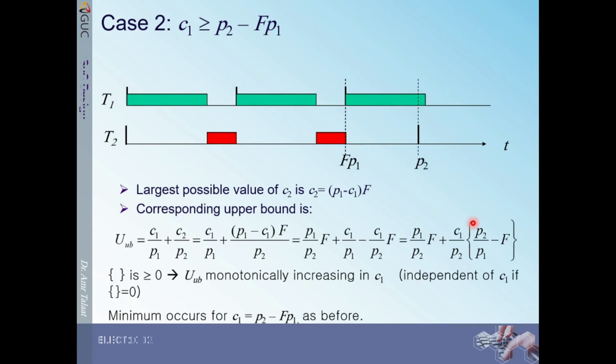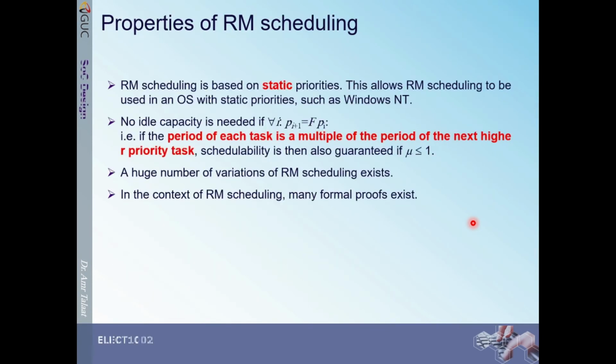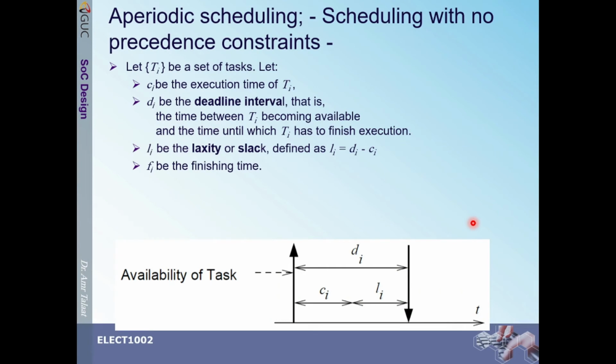Anyway, we'll go on, and we think about aperiodic scheduling: scheduling with no periodic constraints. In this scheduling, we don't have a period, but we have only a deadline.